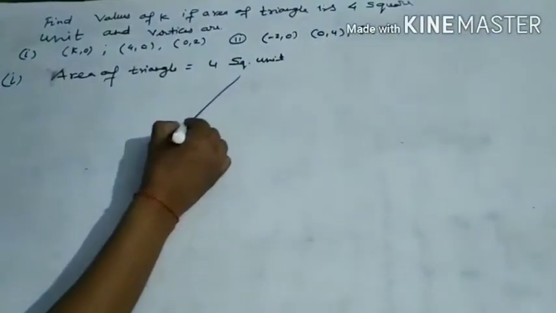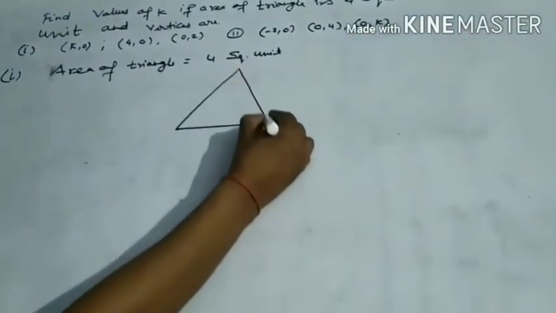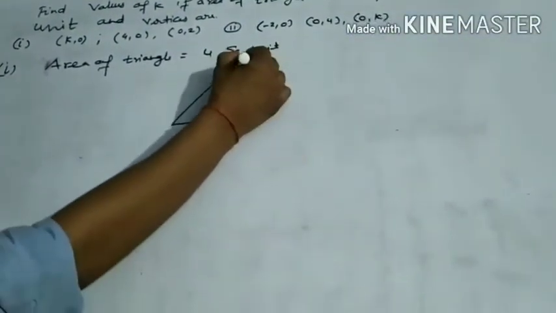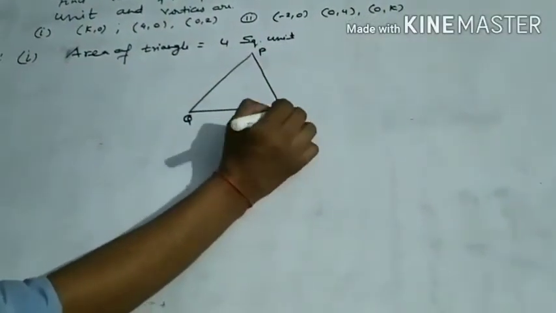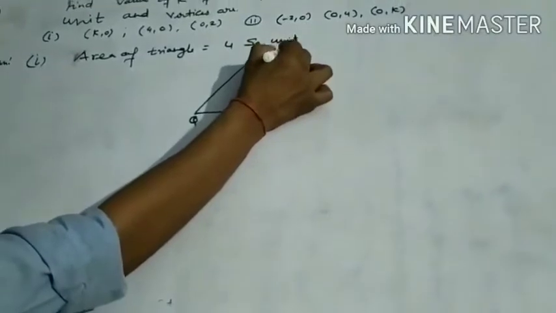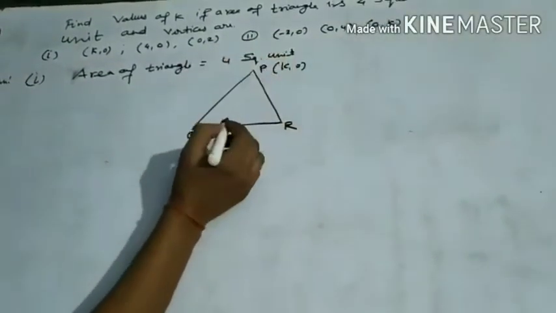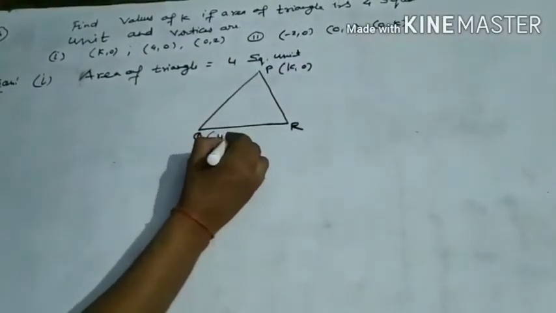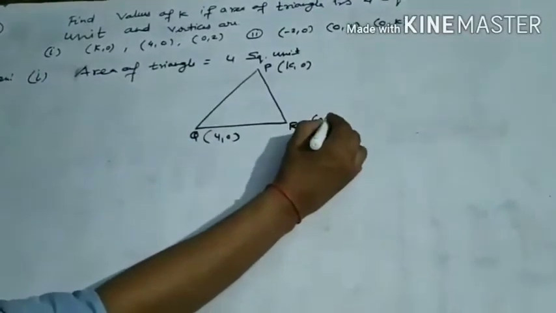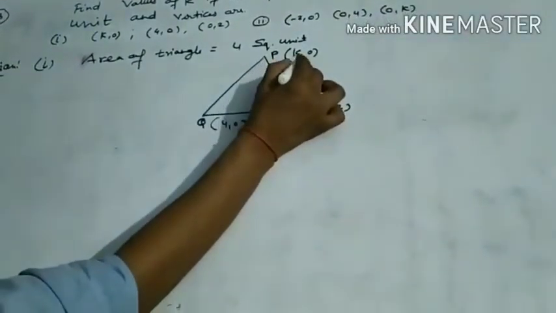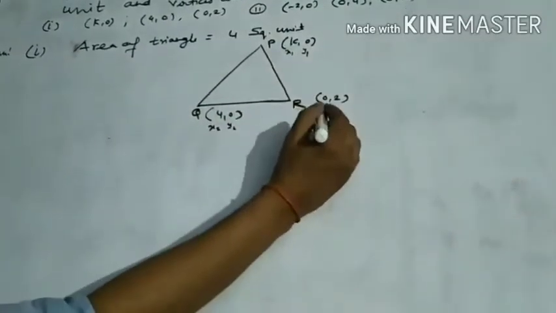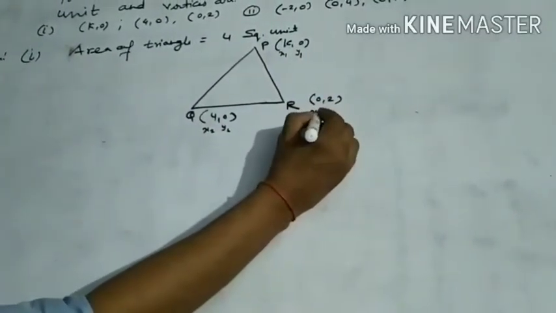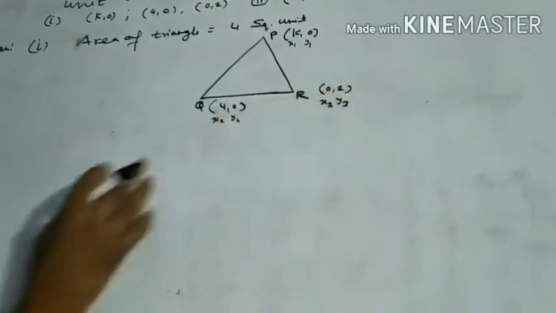Suppose this is the triangle, and the vertices we are going to assume are P, then Q, and then R, and the coordinates are K comma 0, then 4 comma 0, and then 0 comma 2. Suppose this is x1 and y1, then x2 y2, and then x3 y3.